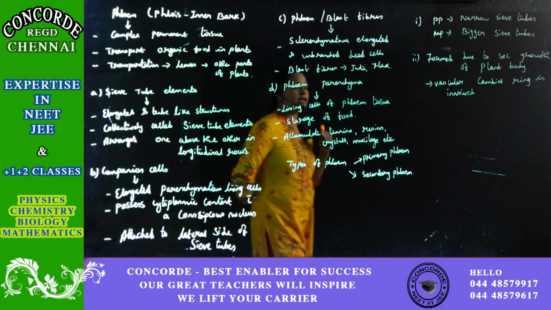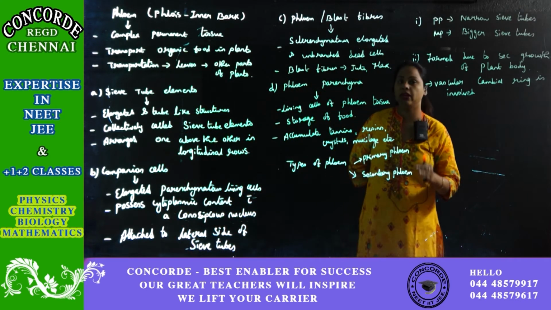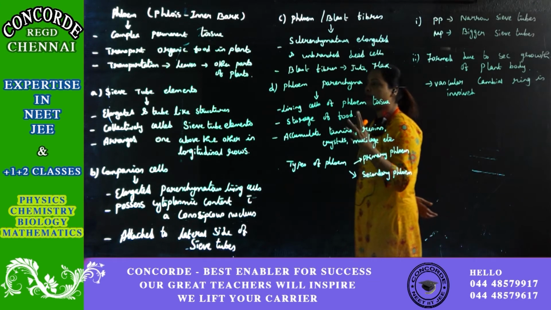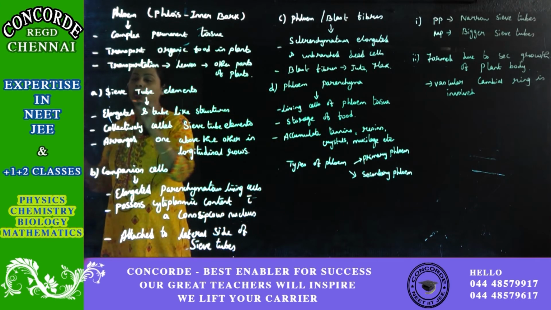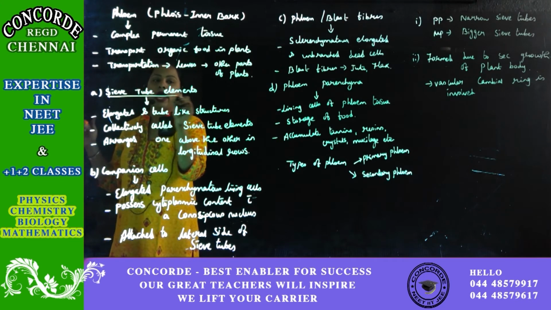Just like xylem, phloem also has 4 types of structure. First one is called sieve tube elements.